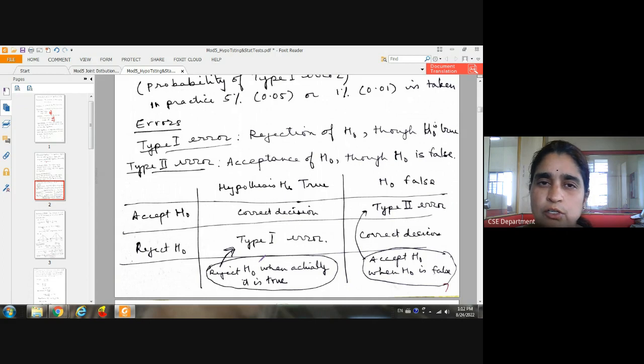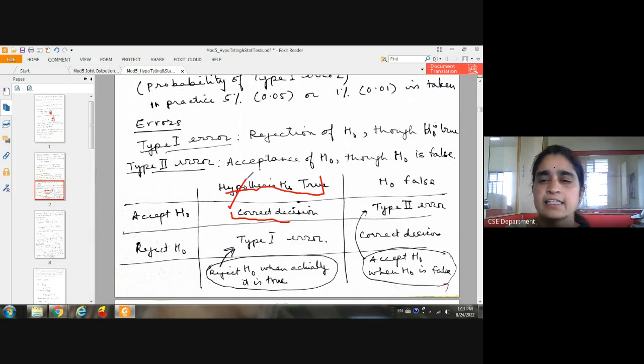Now, was your decision correct or not? It will depend. Suppose the hypothesis is true, the lifespan of the bulb is actually 800, and though the sample came a little less, you accepted it. If the hypothesis is true and you accept, it's a correct decision.